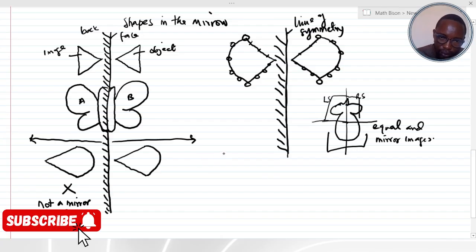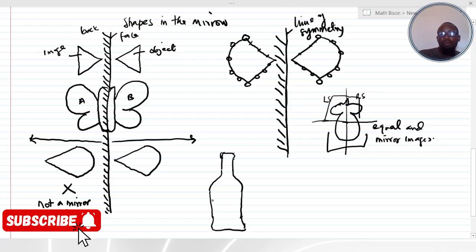Now let's try our bottle, maybe it's a drink. So which line can we draw on this shape that will be a line of symmetry?